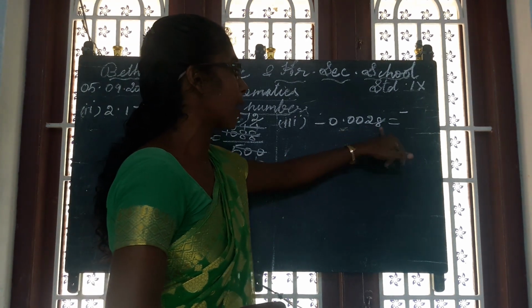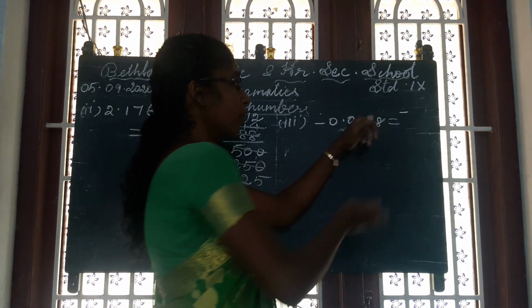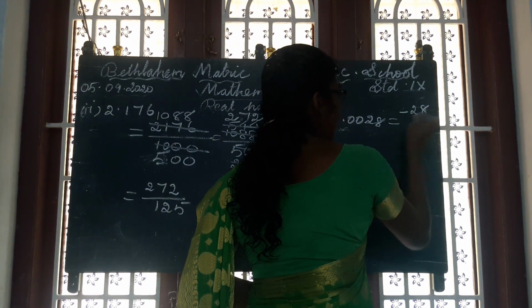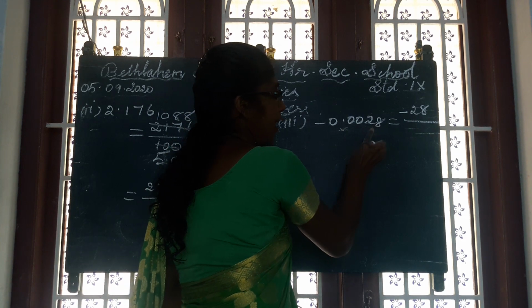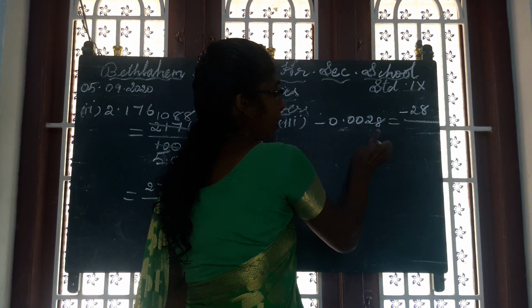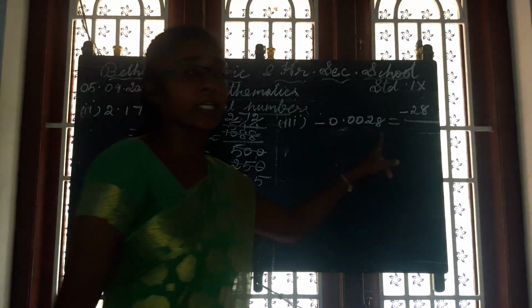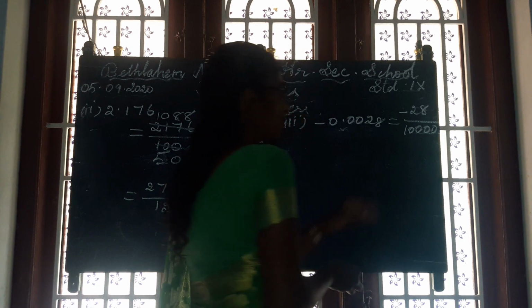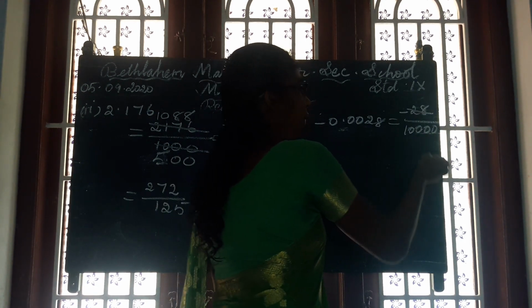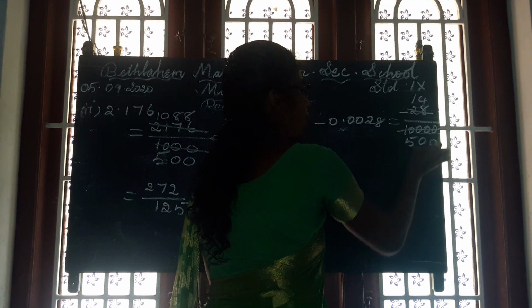Integer part: we need not write the 0. Write 28 only. Now read this: tenth, hundredth, thousandth, ten-thousandth. So you have to divide by 10,000. So it is equal to minus 14 by 5,000.